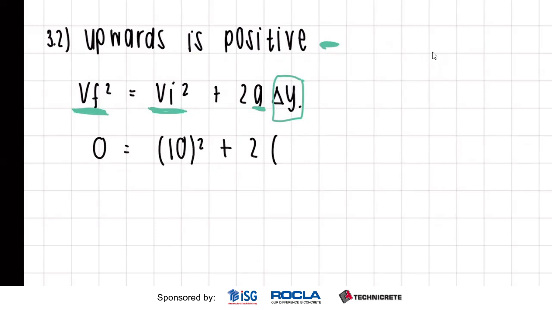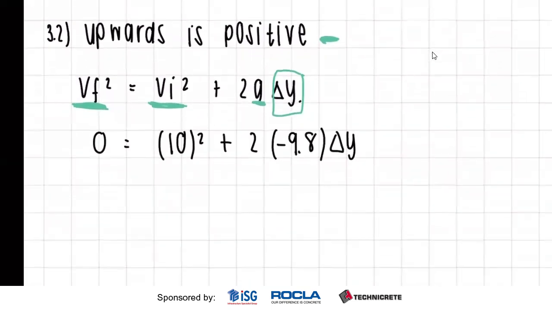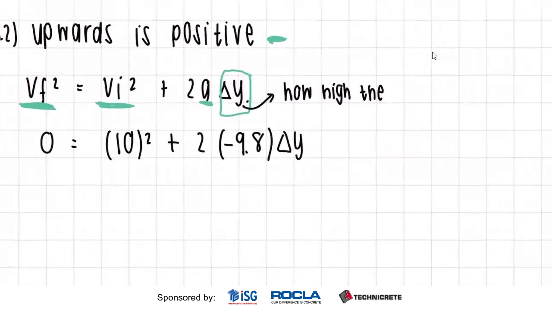The gravitational acceleration acts downwards and we have chosen upwards as positive, so it's going to be negative 9.8, and then the change in y at the end. The change in y is how high the stone will go up.